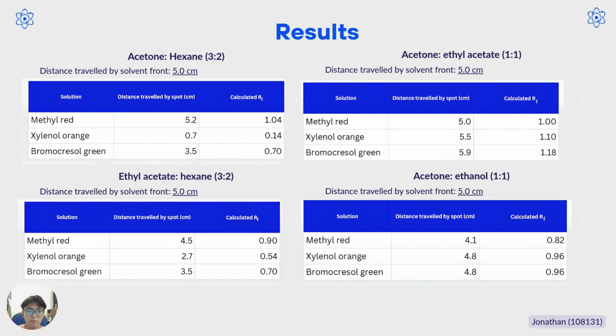0.54 to 0.90. Finally, the acetone and ethanol at a ratio of 1 to 1 has a relatively compressed distance where both the xylenol orange and also the bromocresol green travel a distance of 4.8 centimeters, giving them an identical RF value of 0.96.